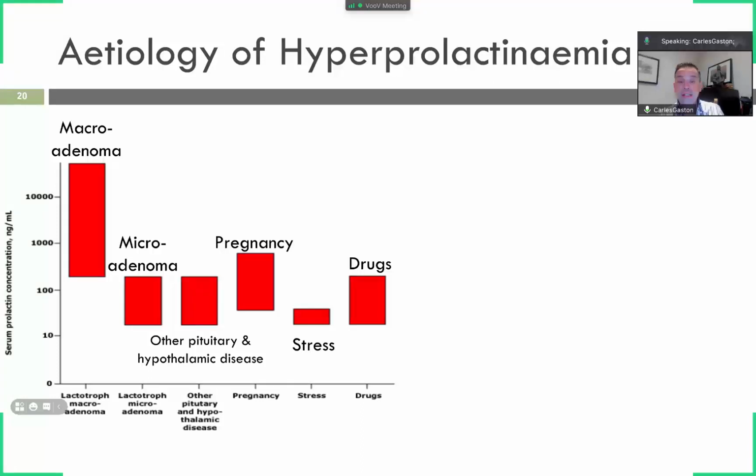And also, when do we have an increase of prolactin? What did we study? Prolactin is important in breastfeeding, production of the milk. So in pregnancy, there is an increase in prolactin.